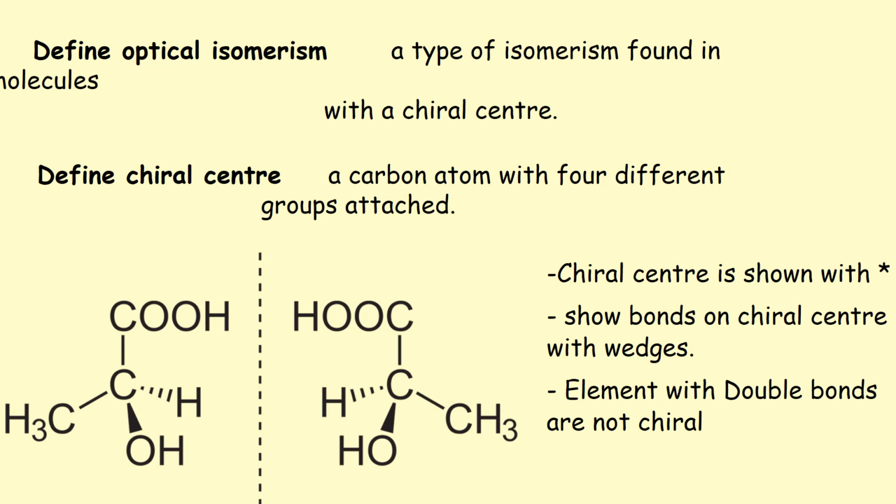So, a couple of things to take away. Chiral centers have 4 different groups attached to it. If you see a chiral center, asterisk it, put different bonds on it. These chiral centers will go on to form optical isomers. It's a type of isomer found in molecules with chiral centers like the one you see here on this slide.